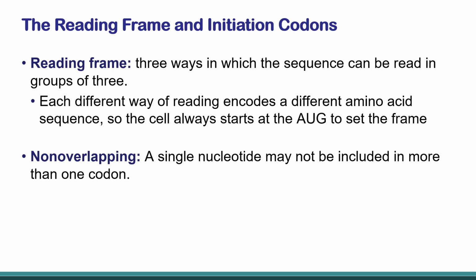If you start at a different point offset from that AUG, then we're going to get a different amino acid sequence. As an illustration, let's use a sentence instead: the red bat ate pie. Our reading frame, the set of triplet letters that we read, is set by the beginning of the sentence, in this case the capital letter T. Each of these words is a triplet.